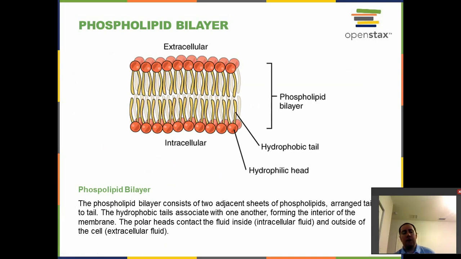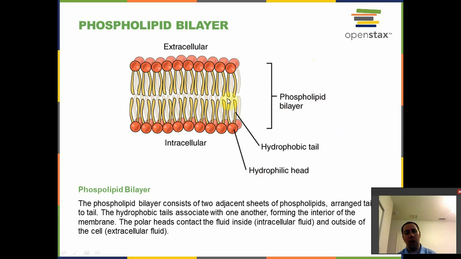When we take a whole bunch of phospholipids and put them in water, they will naturally form this phospholipid bilayer. So they make two layers, and they orient themselves so that the tails point towards each other. Remember, imagine that everything else on this slide is water. Those tails are hydrophobic.